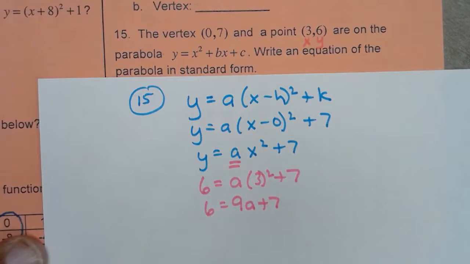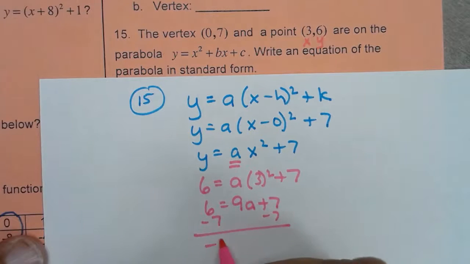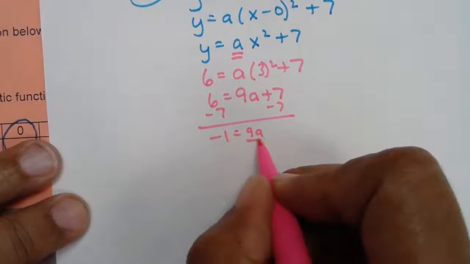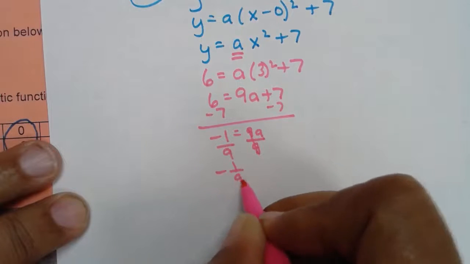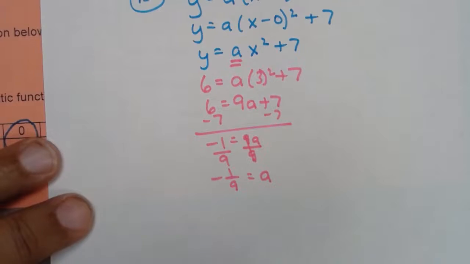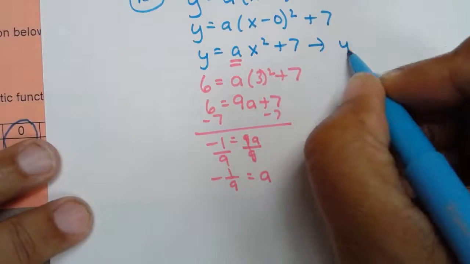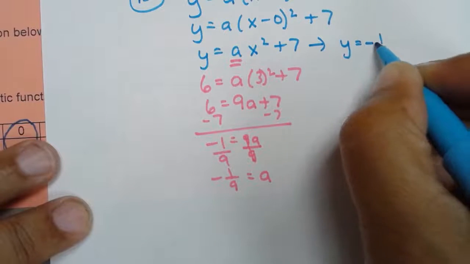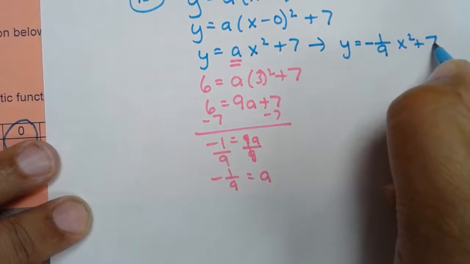I'm going to subtract the 7 to the other side. And then last step, I'm going to divide by 9. So negative 1/9 is my a value. All right, now I'm ready to plug that a value into this equation to complete it. So I have y equals a, which is negative 1/9, x squared, and then plus the 7.